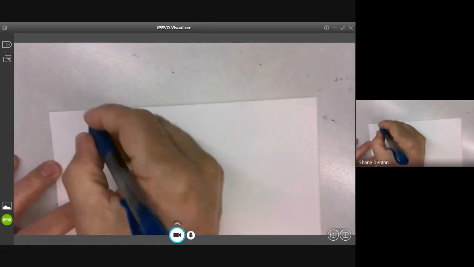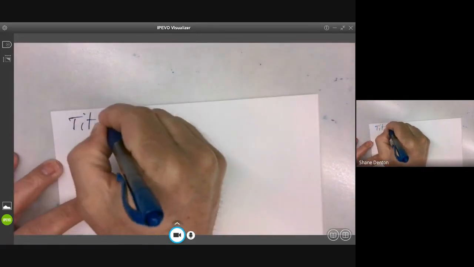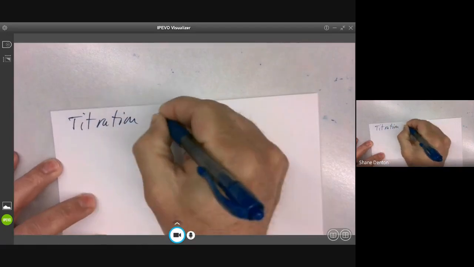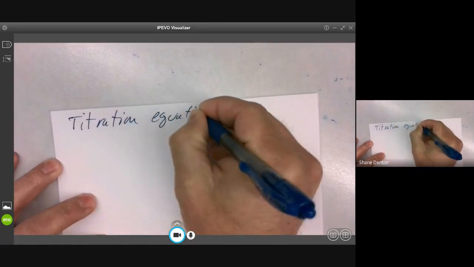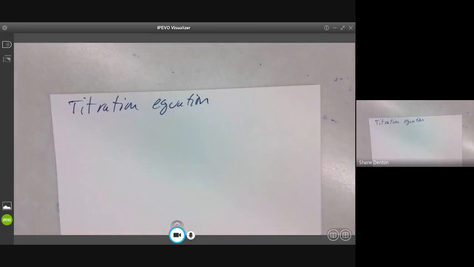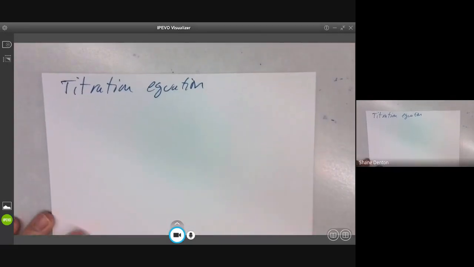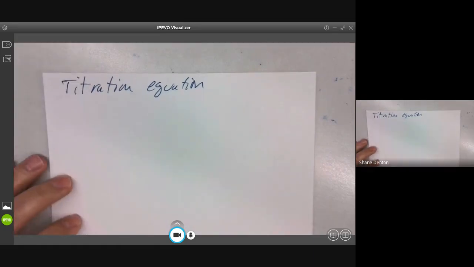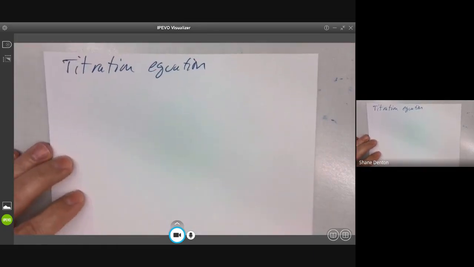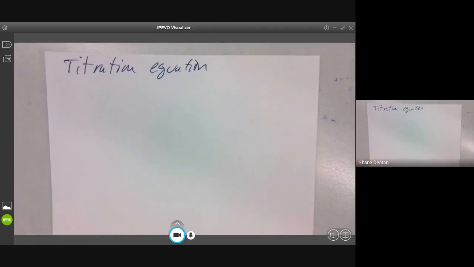All righty. Then from there, there is a titration equation. When we did these, I taught you an easy way to do it. Anybody remember? Anybody remember the easy way we did titration equations?